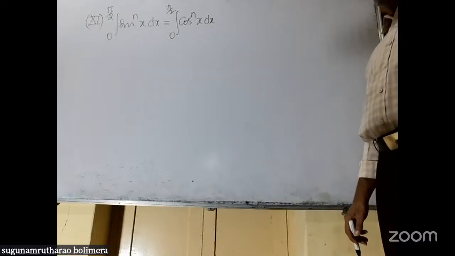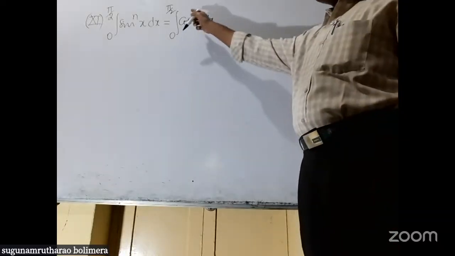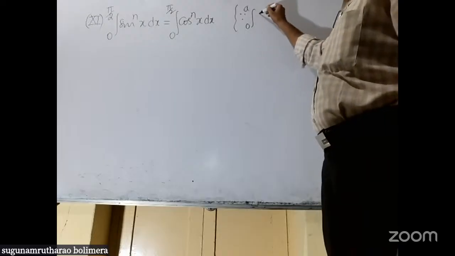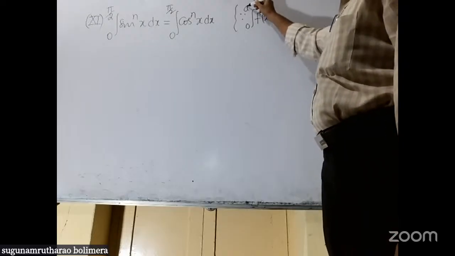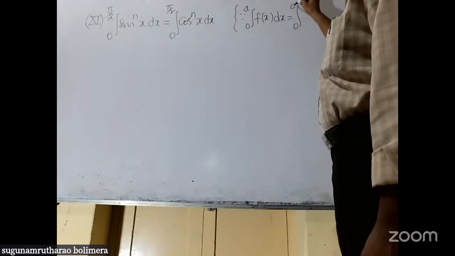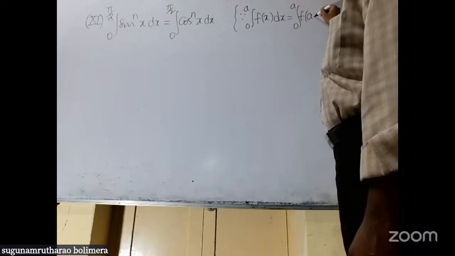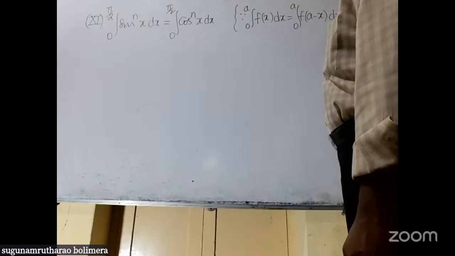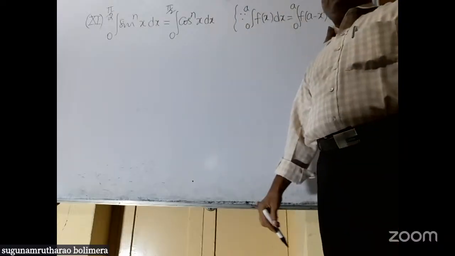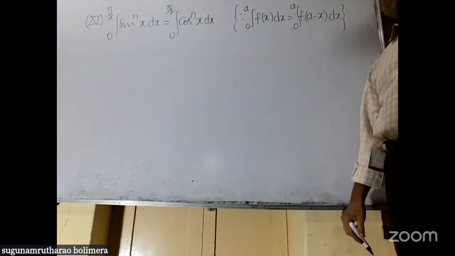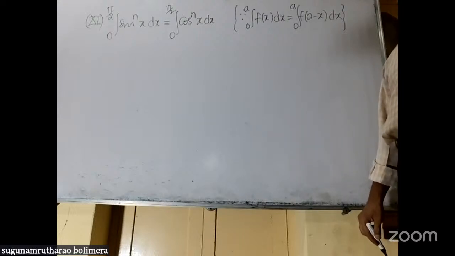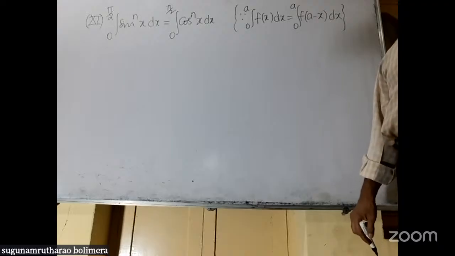If you apply the formula integral 0 to a f of x dx is equal to integral 0 to a f of a minus x dx, with a as pi by 2, sine of pi by 2 minus x is cos x.